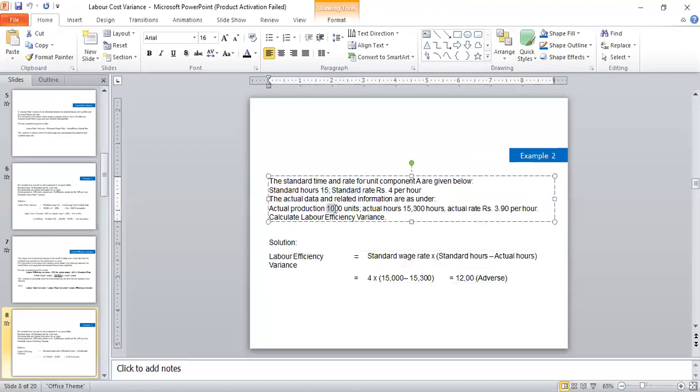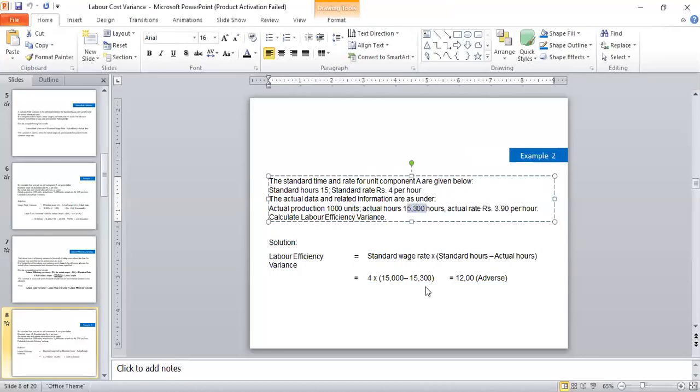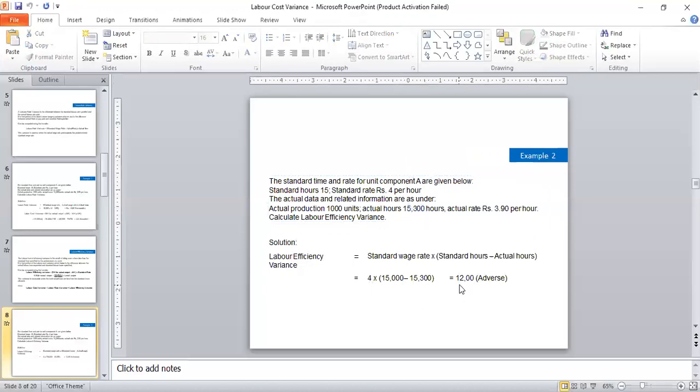We are going to produce 1000 units, meaning a total of 15,000 standard hours is required. But the actual time taken is 15,300 hours. Calculating this, we got a 1200 adverse variance.